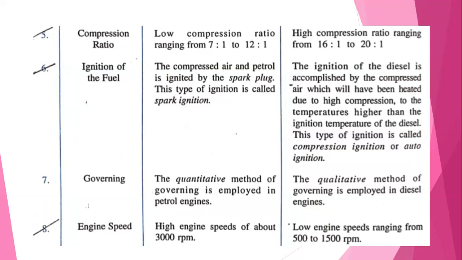Usually, the petrol engine produces the high speed. All of you observe here, the maximum speed of the petrol engine is 3000 rpm. But in case of diesel, an engine speed of 500 to 1500 rpm is possible.